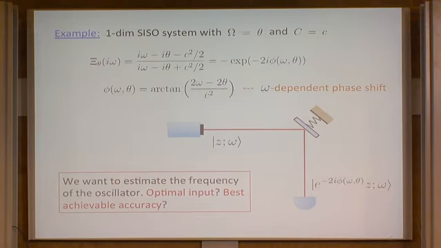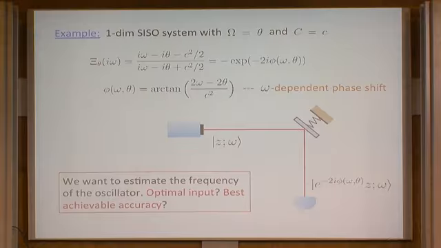Here's a typical situation, I guess. We are interested in estimating the frequency of the oscillator in this particular regime. So we want to estimate the frequency of the oscillator. And the question is, what is the optimal input frequency, and what is the best achievable accuracy, which is given by 1 over the Fisher information.